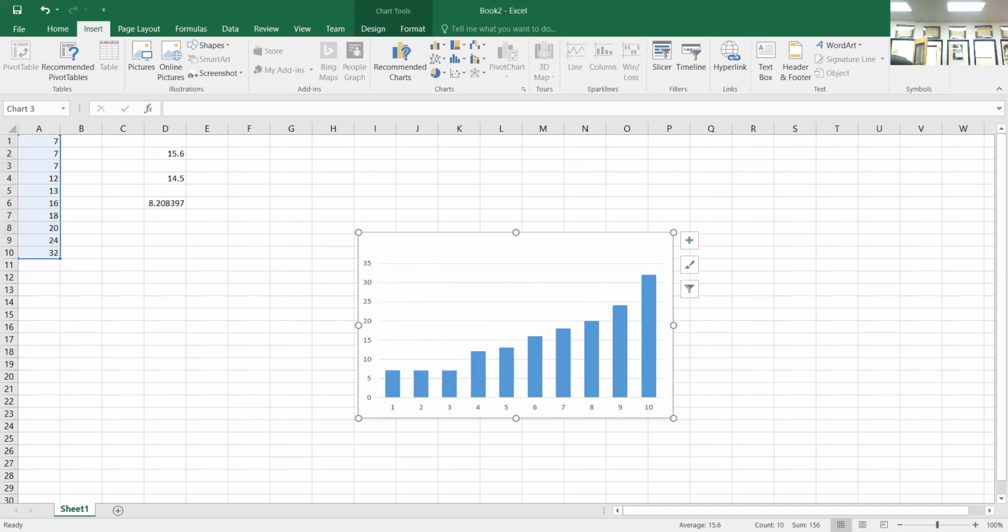The mean of a normal distribution is the maximum point on the curve, the apex, right? So that's the mean. And then we have the standard deviation.